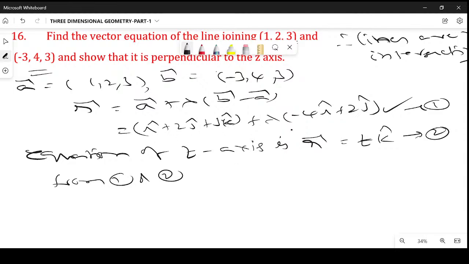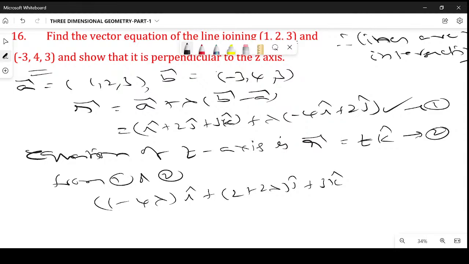The i cap coefficient is 1 minus 4 lambda, the j cap coefficient is 2 plus 2 lambda, plus 3k cap. Since I am using the dot product, if I apply that, automatically minus 4 i cap plus 2j cap dot k cap will be 0.